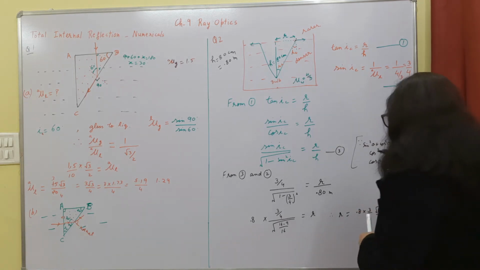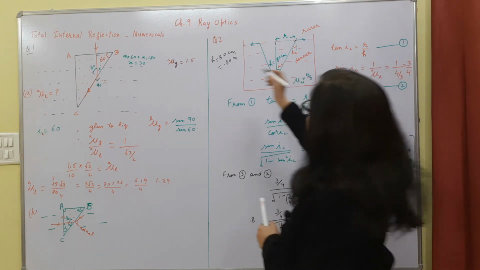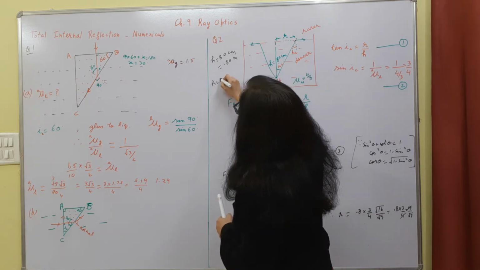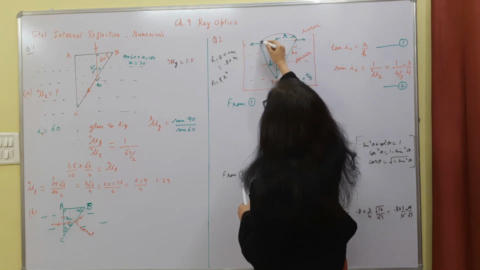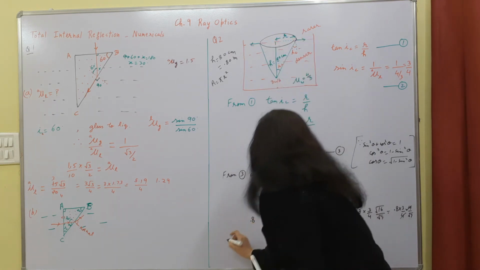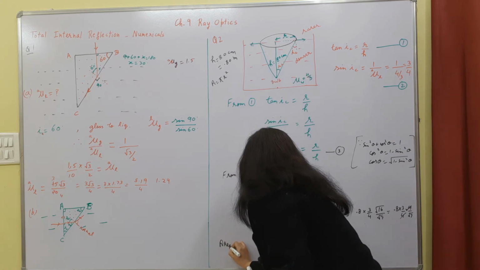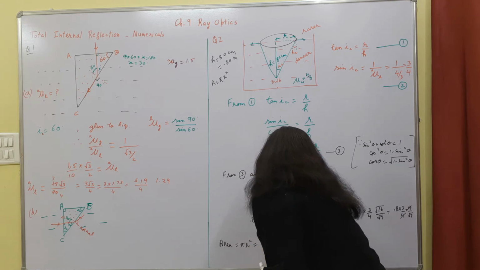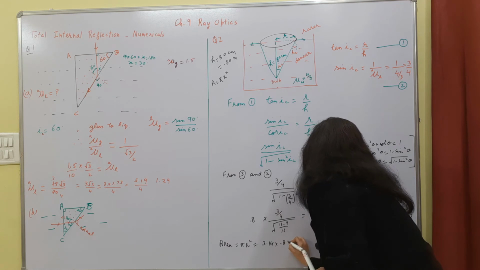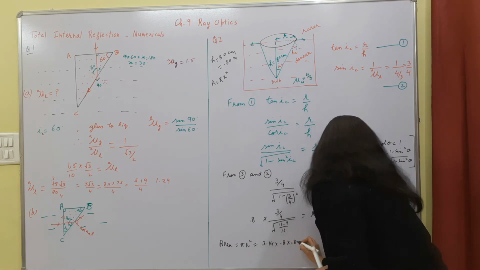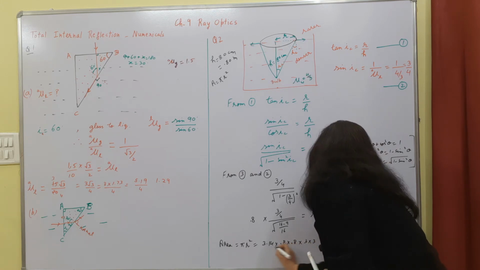So this is R, and we have to find the area. Area means pi r square, and this area is actually this, right? So area is 3.14 into R, which is 0.8 into 0.8 into 3 into 3 upon 7.